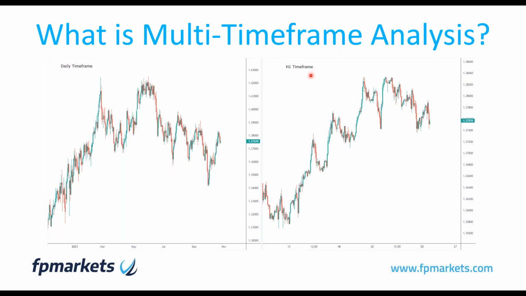When I say market direction, I'm not only referring to trend direction. This may also be a structural bias. So what I mean by this is the daily time frame could simply be shaking hands with trend line resistance, as you can see here.